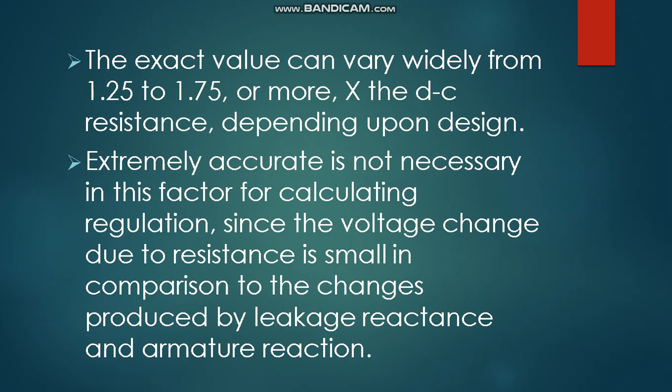The exact value can vary widely from 1.25 to 1.75 or more times the DC resistance, depending upon design. Extreme accuracy is not necessary in this factor for calculating regulation, since the voltage change due to resistance is small in comparison to the changes produced by leakage reactance and armature reaction.